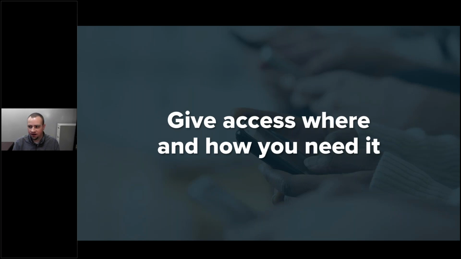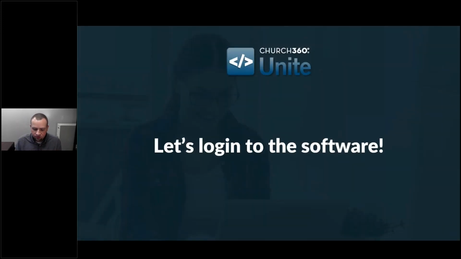You don't need to give entire access to your whole church staff or even your volunteers. You just need to give them what they need. We'll talk about the roles, but we'll also talk about the devices. You want your website to be accessible and look great on a mobile device. That's so key today. So that's what we keep in mind: access where and how you need it. So let's go ahead and log into the software.